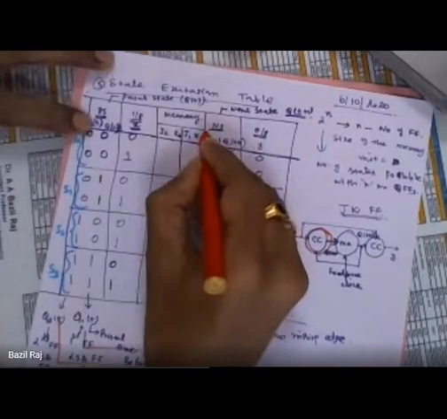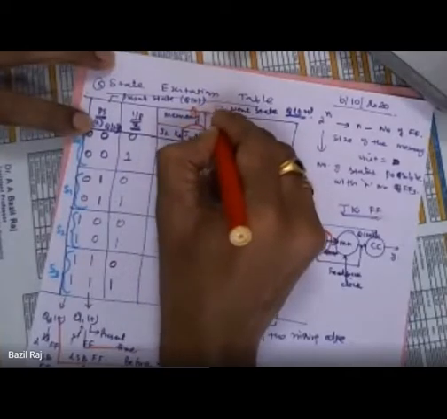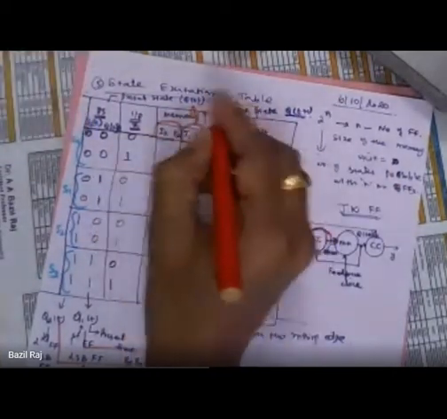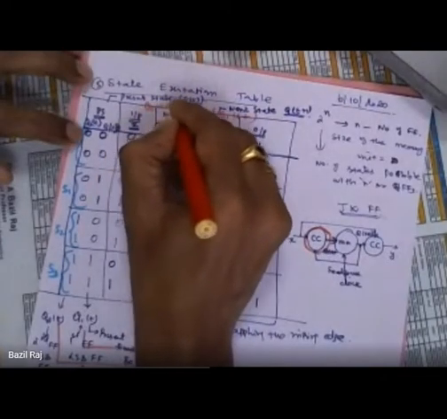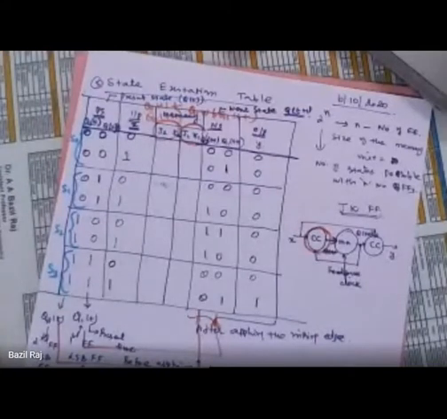Right. So this fellow is corresponding to Q1 of t and Q1 of t plus 1. And this fellow is corresponding to Q2 of t and Q2 of t plus 1. Understand? But the thing is, while forcing the value, you have to separately force the value. But while treating the entire system, you have to combinedly treat the system.